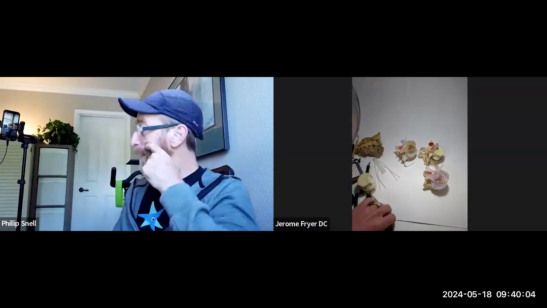The idea, as I mentioned earlier, is that owing to that interesting configuration of the sacroiliac joint, we can literally wind up a little bit out of our groove, and a quick little nudge in that area seems to be quite helpful for people. Jerome, what do you think there? Let me get you unmuted. There we go.